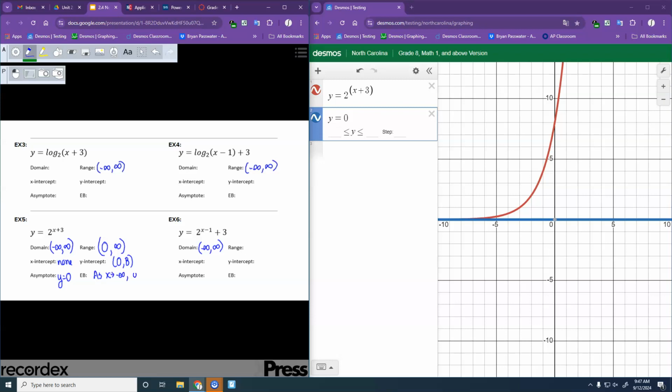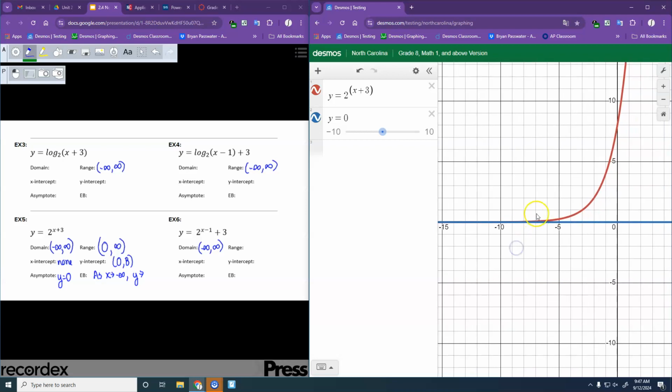That's the left side. What does Y do? Y approaches, on the left side, what's happening to our Y values? Are they going up forever, down forever, leveling out at a number? On the left side? Levels out at what number? At 0.